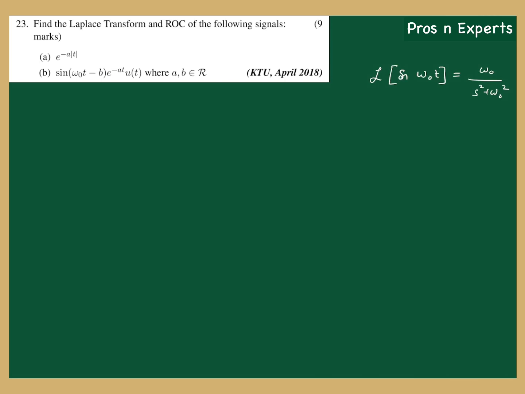This is an important result that you need to learn by heart. Similarly, Laplace transform of cos omega 0 t will give you s by s square plus omega 0 square.